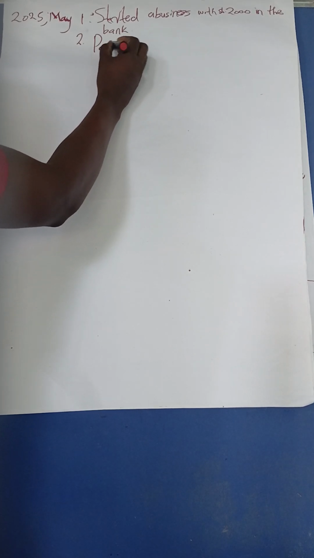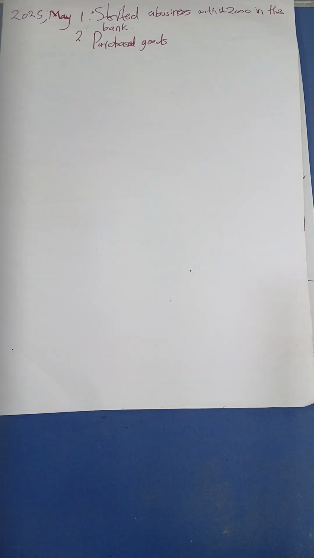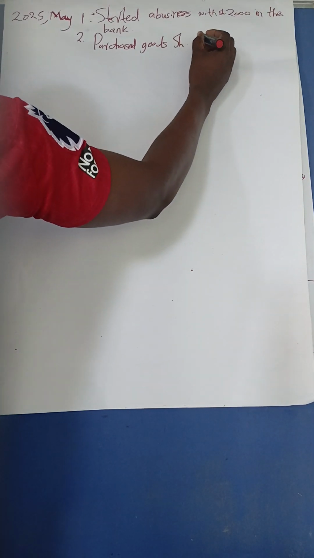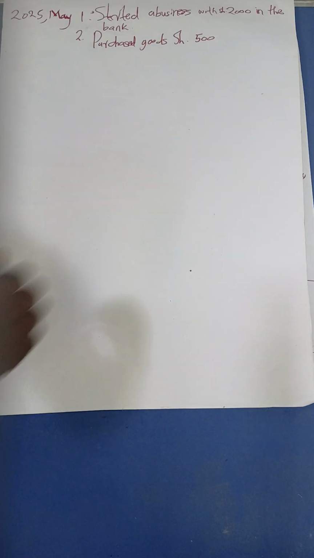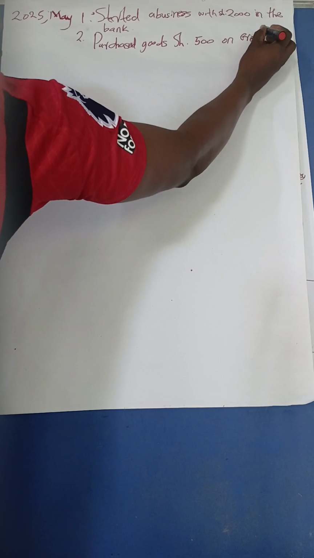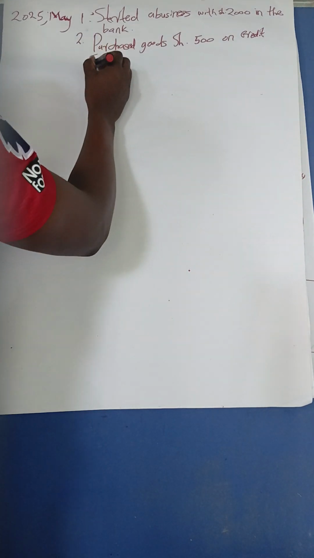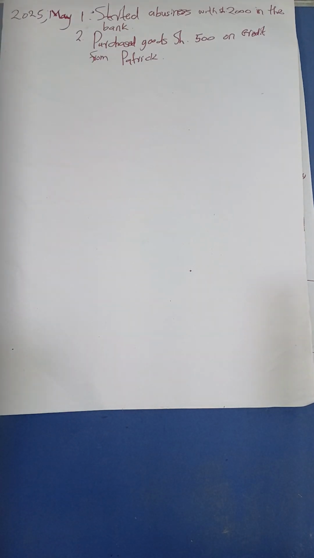Purchased goods, Kenyan shillings 500, on credit from Patrick. Good. So we'll see that, on credit from Patrick.